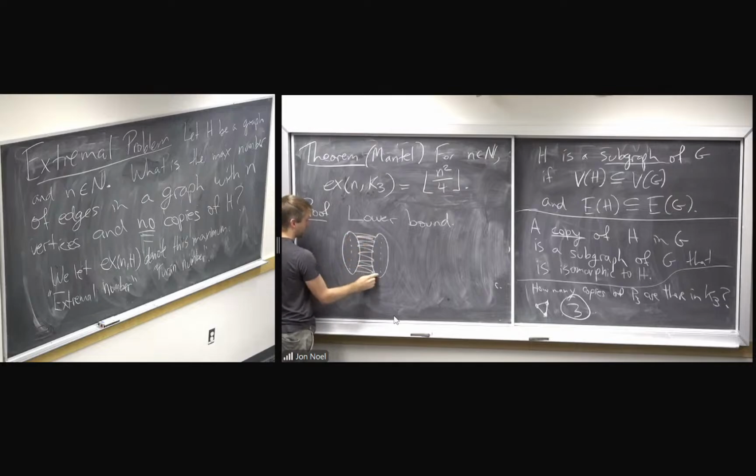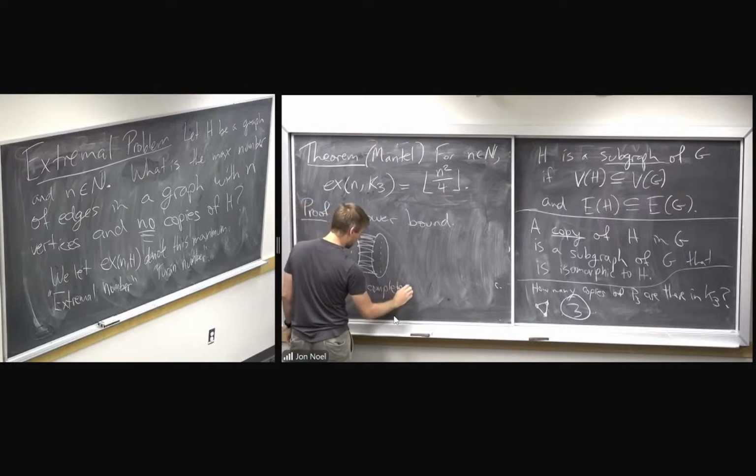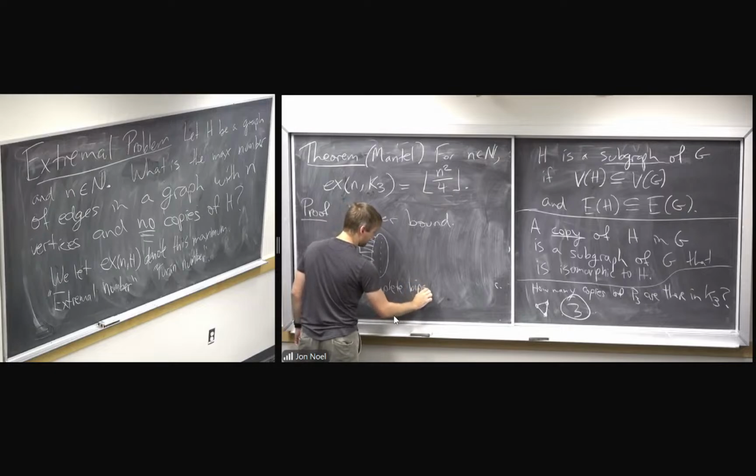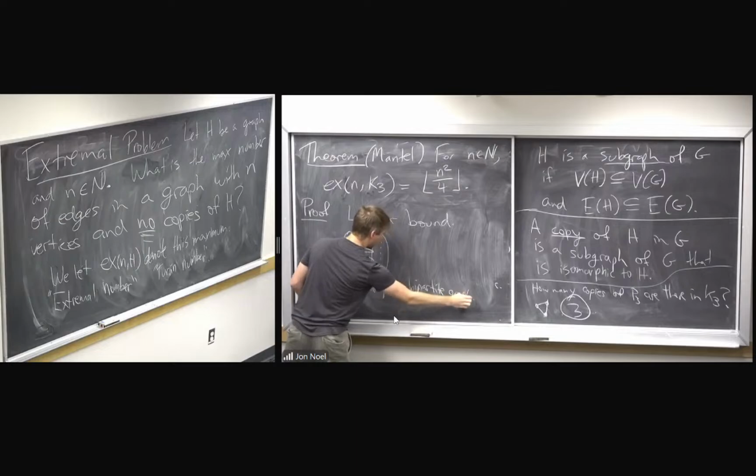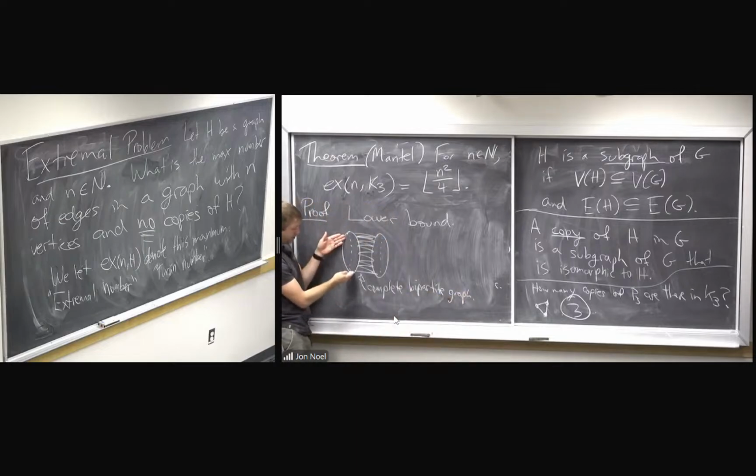This is something called a complete bipartite graph, where bipartite refers to the fact that the vertices are in two classes, and all the edges go between the classes. And complete refers to the fact that I actually put every single edge between the classes.